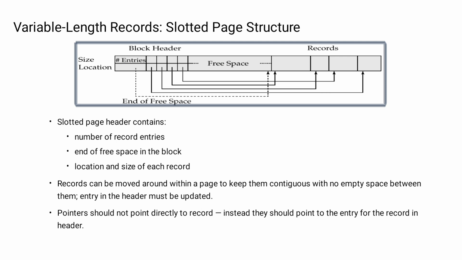If a record is deleted, the space that it occupies is freed and its entry is set to deleted. Further, the records in the block before the deleted record are moved so that the free space created by the deletion gets occupied. So this is about the slotted page structure.